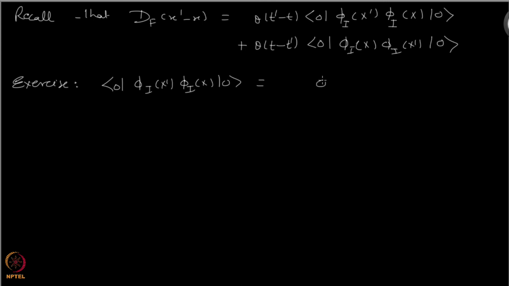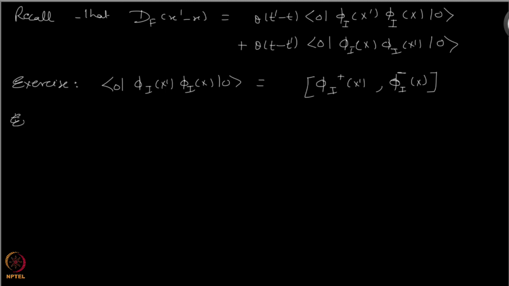You just get phi I plus of x prime commutator with phi I of x minus phi I minus of x.